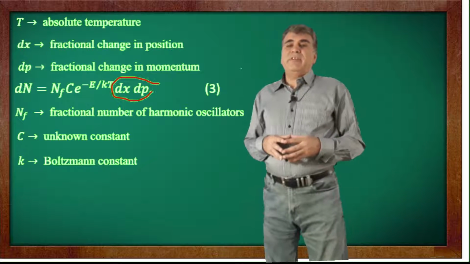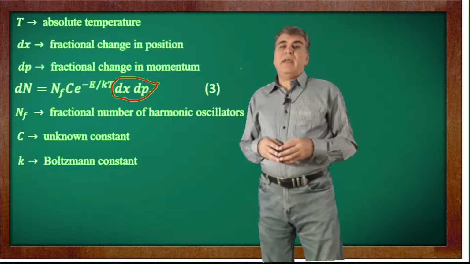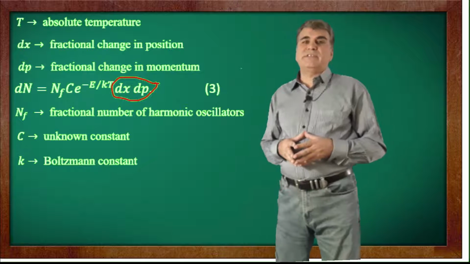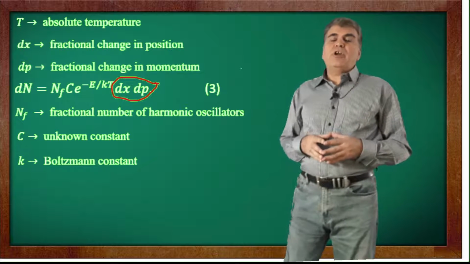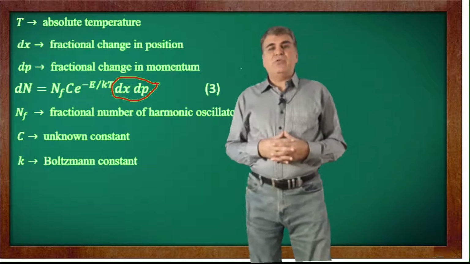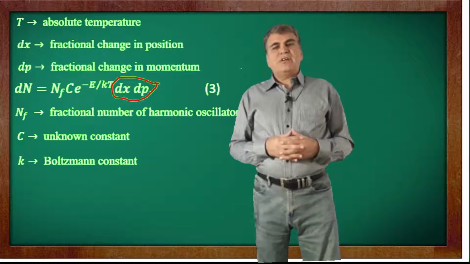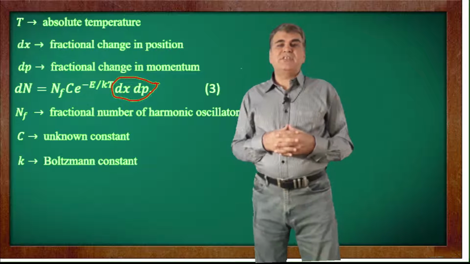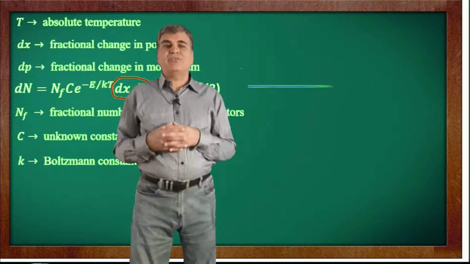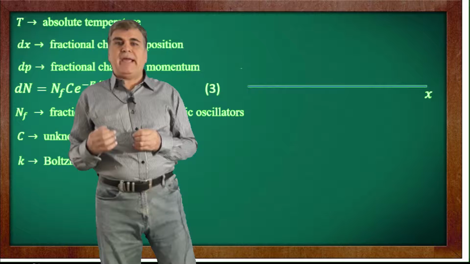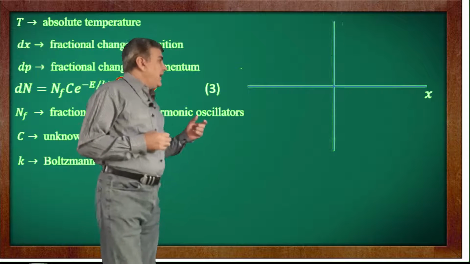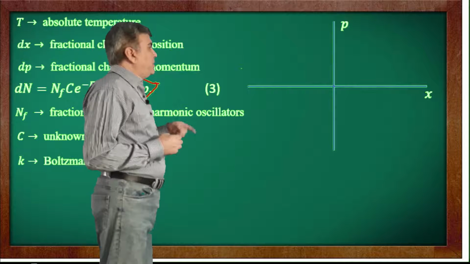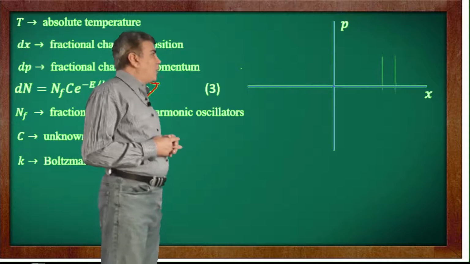In order to benefit from equation 3, we need to eliminate both dx and dp in favor of directly measurable quantities, as they both cannot be directly measured in the present scenario. To this end, let us construct a geometry representing the instantaneous position and instantaneous momentum of an oscillator by constructing an xp plane with Cartesian coordinates x and p, where x points along the horizontal and p is along the vertical.